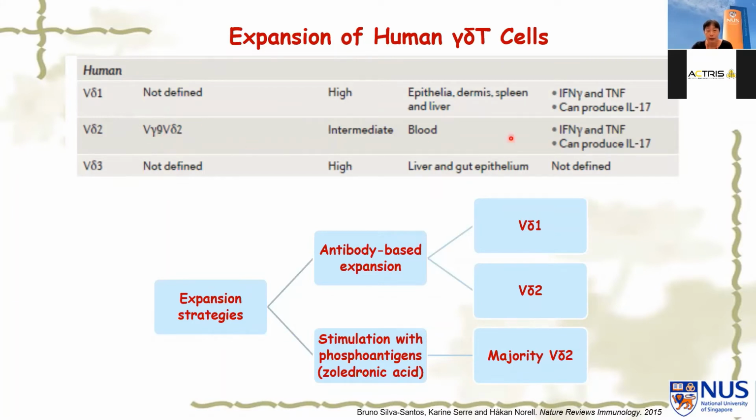The delta 2 is the one mainly present in the blood. So we used two expansion strategies. The antibody-based expansion can give you both delta 1 and delta 2. But if you stimulate with phosphoantigens, the aminobisphosphonate zoledronic acid, you get a majority of V delta 2.